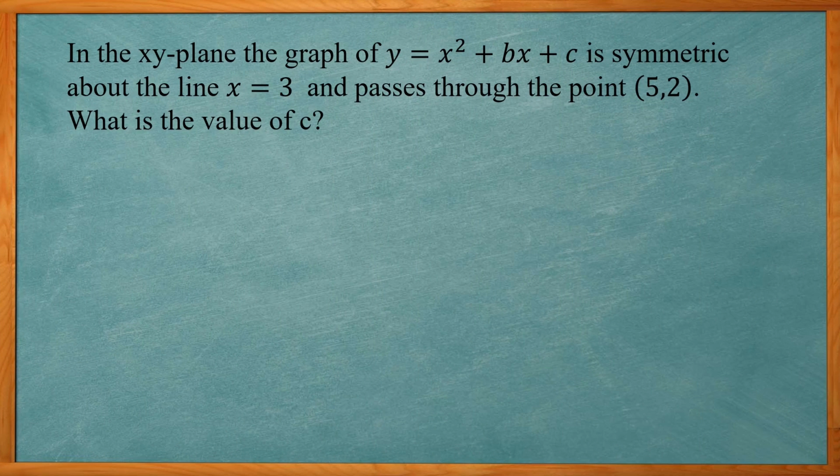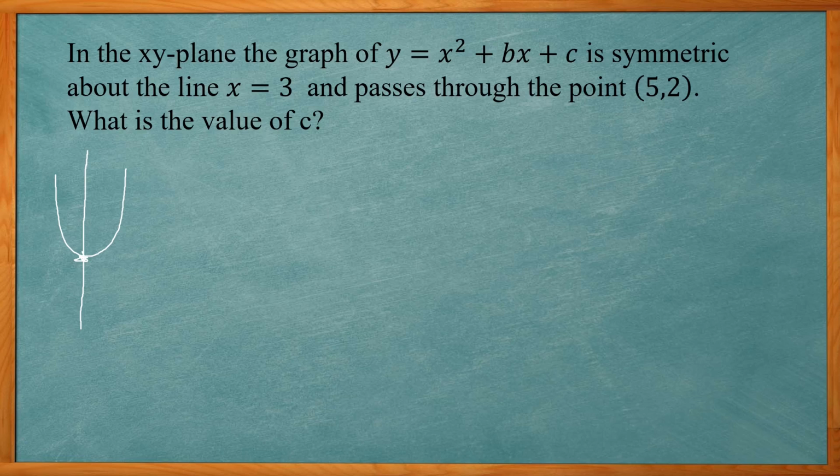So this one reads, in the xy plane, the graph of y equals x squared plus bx plus c is symmetric about the line x equals 3 and passes through the point 5, 2. So we have an equation with x squared, and that's going to be a parabola. If it's symmetric around x equals 3, that basically is where the vertex is.